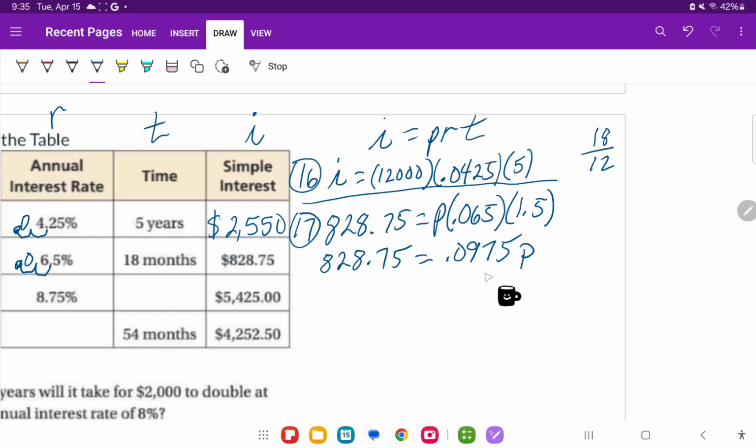All right. So then to get P by itself, I need to divide by 0.0975. Same thing over here, 0.0975. So up here that'll cancel.